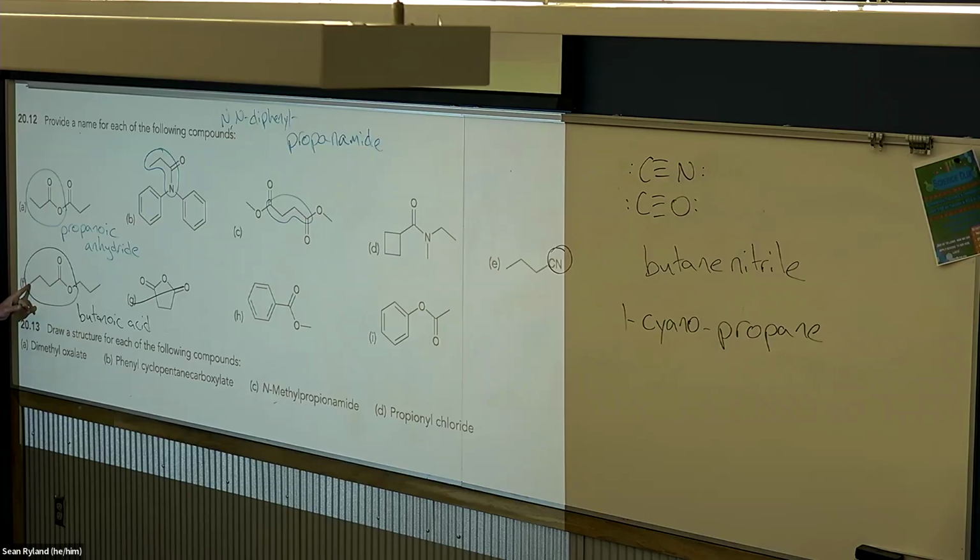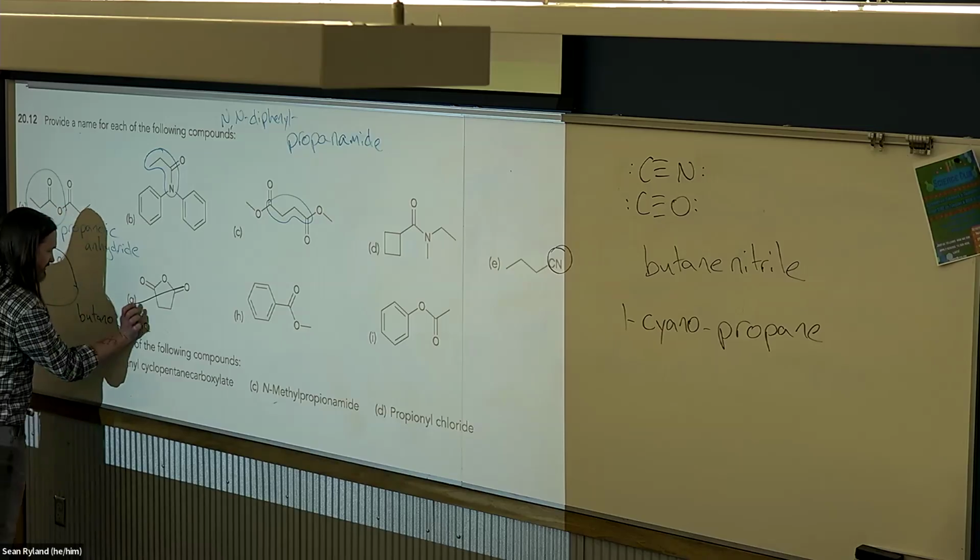You with me? Yeah. Okay, so 4 means butane. And then we start writing it as the acid, so butane, drop the E, put oic acid. Except it's an ester, so we're gonna deprotonate the oxygen, so it's not butanoic acid, it's butanoate.